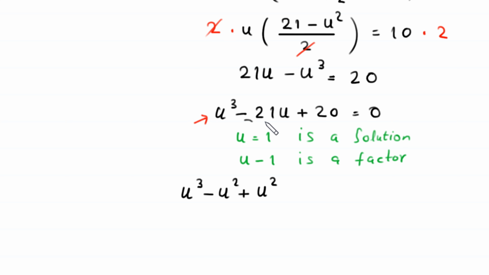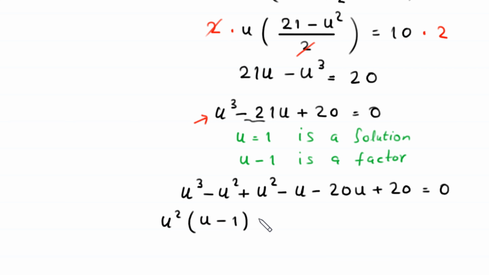We rewrite this negative 21u as negative u minus 20u plus this 20 equal to 0. From these two terms we can factor out u squared, in brackets (u minus 1), and from these two terms we can factor out plus u, in brackets (u minus 1). From these two terms we can factor out negative 20, and in brackets (u minus 1) equal to 0.